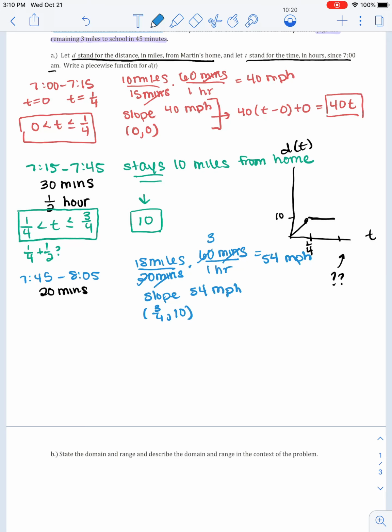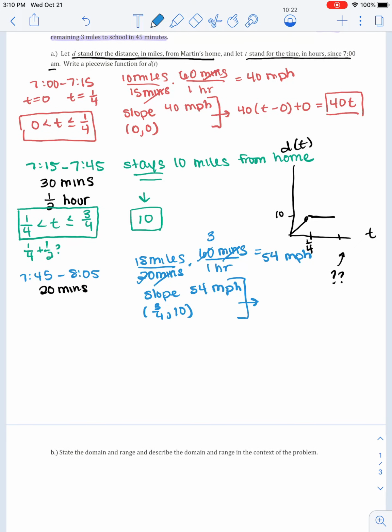I can again put that into point slope form: the slope of 54, times t minus my time value, and then plus my distance value of that point. That would be my third function, the function that describes when Martin is driving at a rate of 18 miles in 20 minutes. But we do have this kind of annoying piece over here.